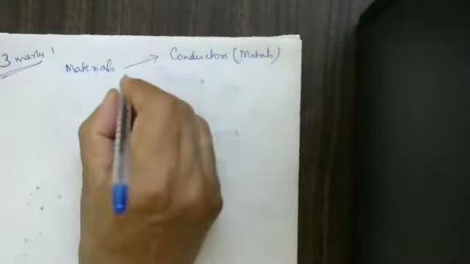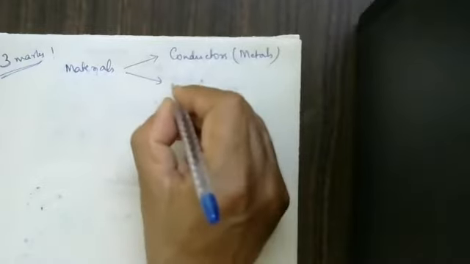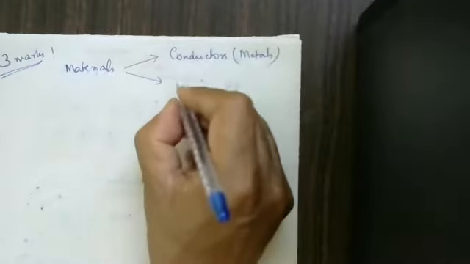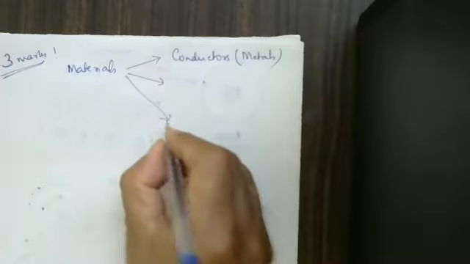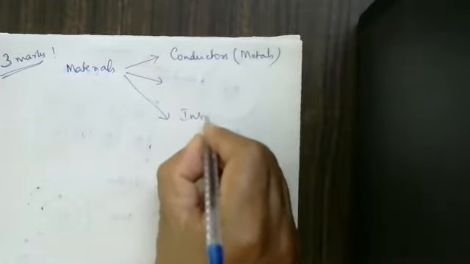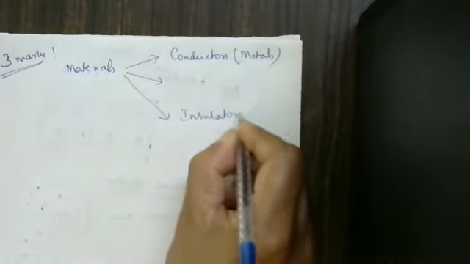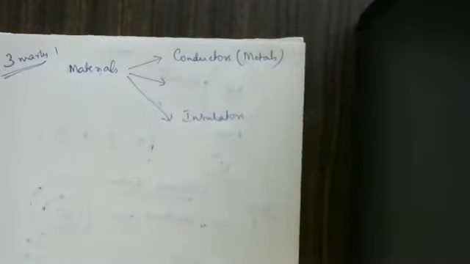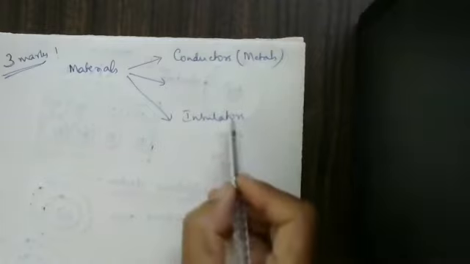Materials that are bad conductors are called insulators: perfectly bad conductors, 100% bad conductors. In an insulator, electricity is not conducted.